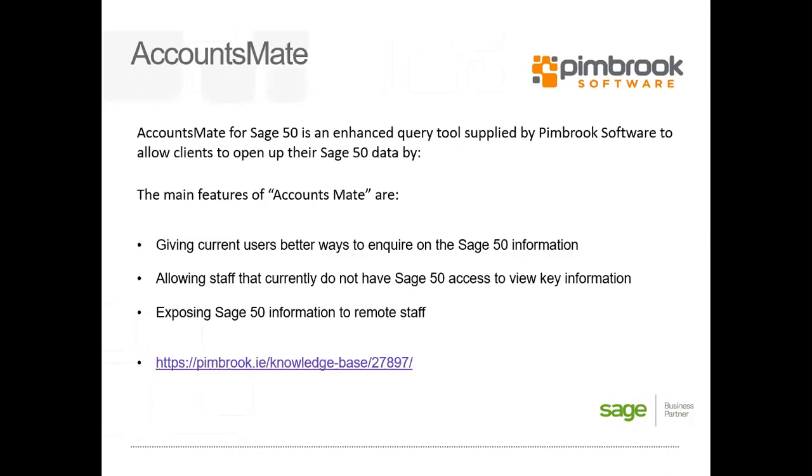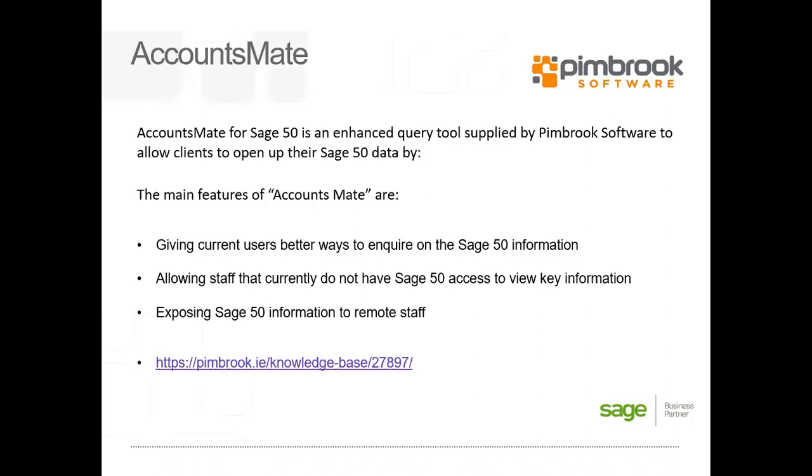Now, once you have AccountsMate, it integrates again with your Sage program. It can allow users, say warehouse staff, to pull information regarding stock levels, stock take. It can allow you to put that kind of information within your product and services module in Sage.